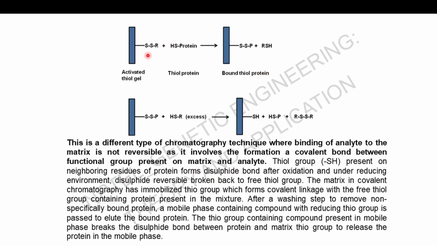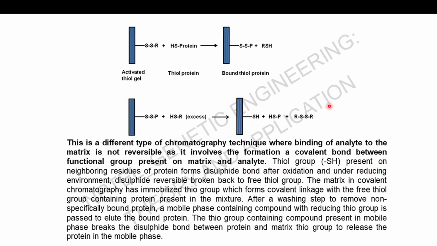This H will be removed and an SS bond will be formed. It removes this particular R group, this functional group, and the protein can get conjugated. So bound thiol protein is here. The protein is basically bound to the matrix here, right?